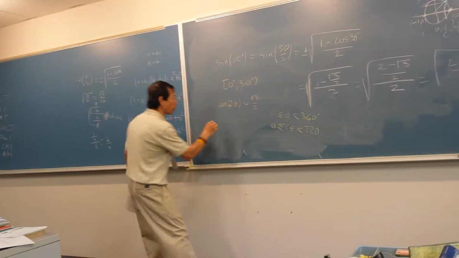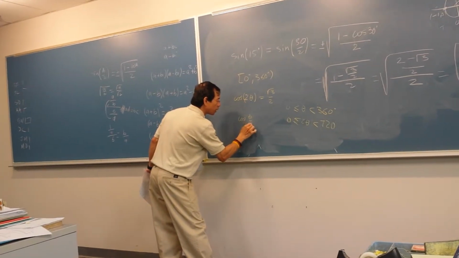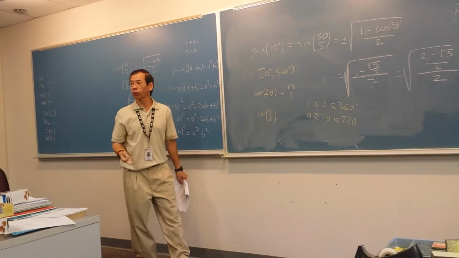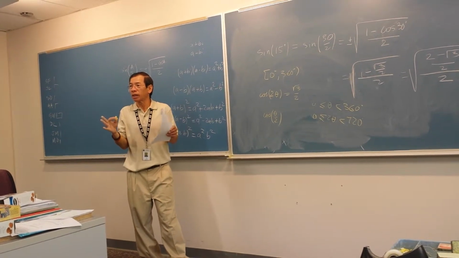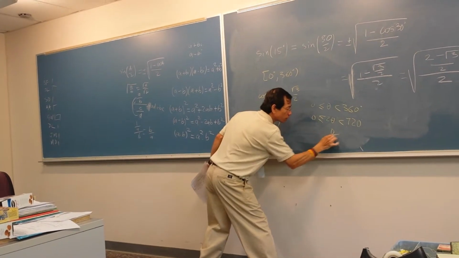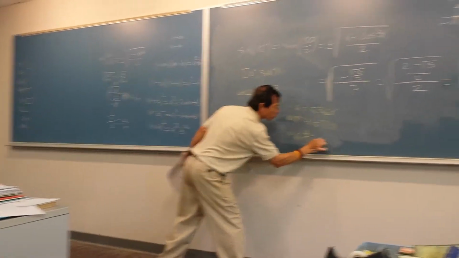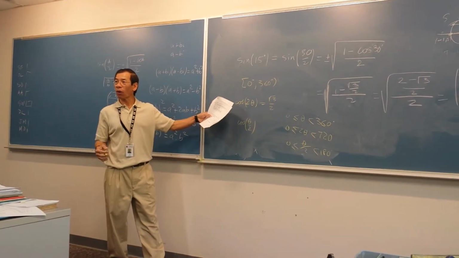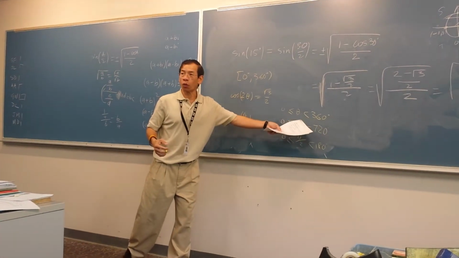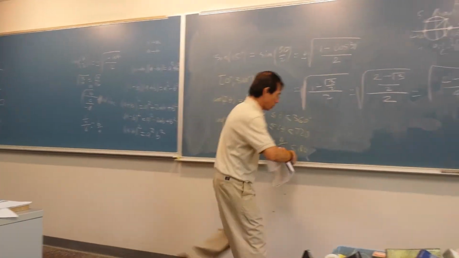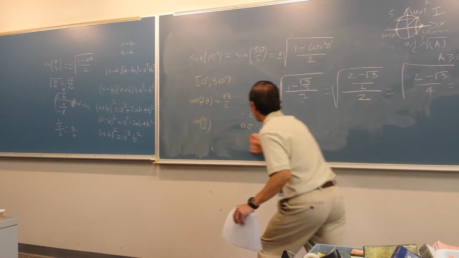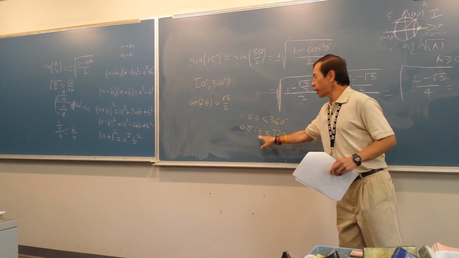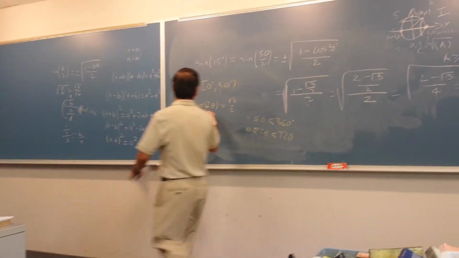If they give you something like theta over 2 instead, theta over 2 will be between 0 and 180 degrees. So depending on the double angle or half angle, our interval will be different. In this case, we do double angle, so I'm just using the other as an example. So now 2 theta is between 0 and 720 degrees. How do we solve this problem?